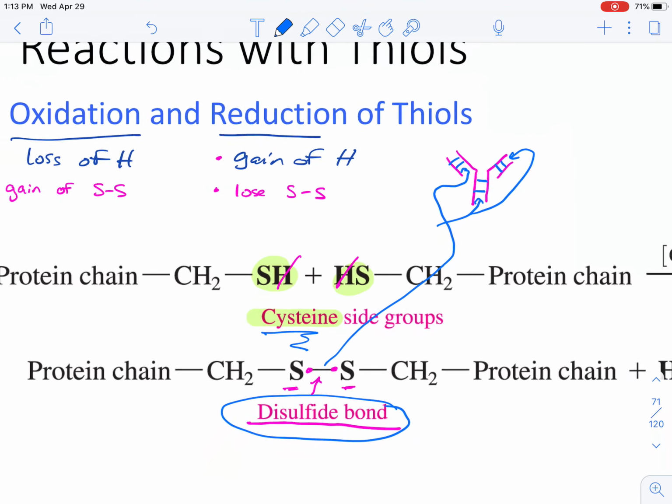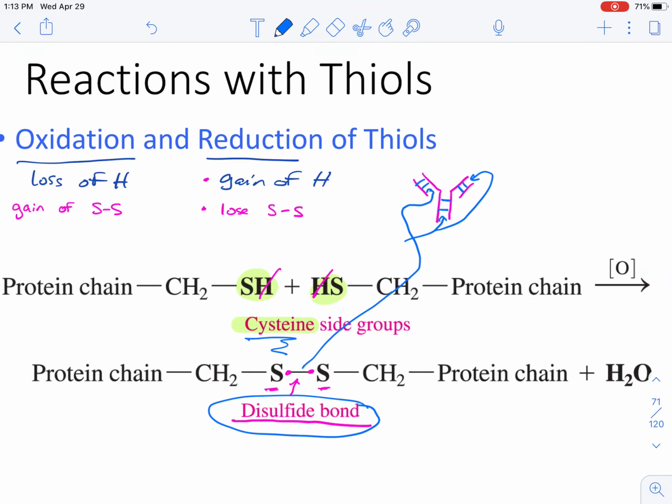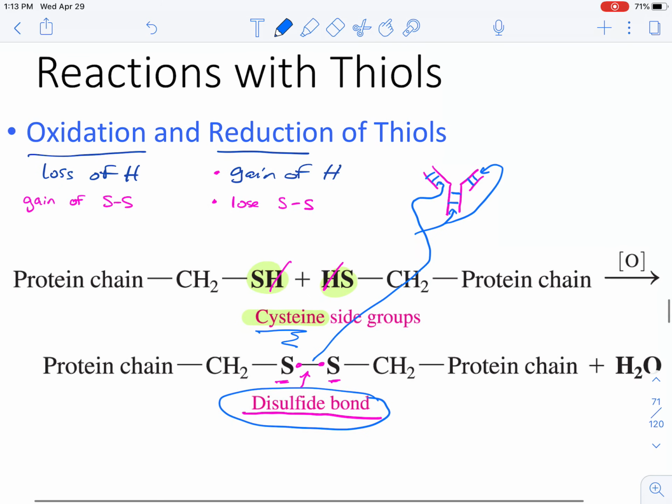Okay, all right. And so that's pretty much it for oxidation and reduction of thiols. It's pretty simple. It's not very complicated like the oxidation and reduction of alcohols. So just keep in mind that for oxidation and reduction of thiols, it's not carbon-oxygen that's being lost or gained. It's sulfur to sulfur.